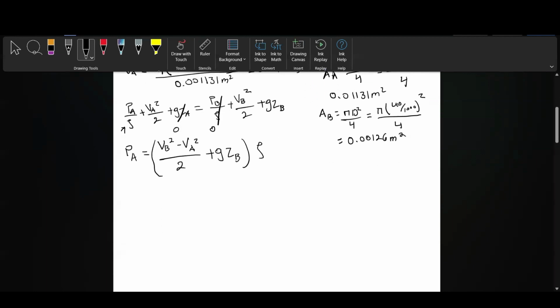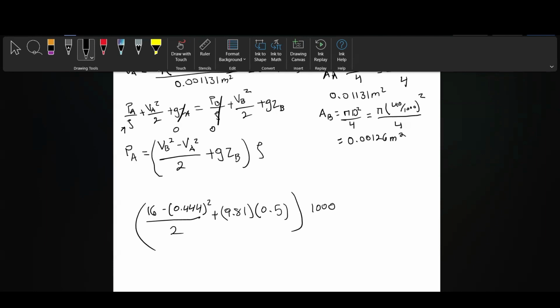If you plug in your numbers, VB was 4, so 4 squared is 16, minus 0.444 squared, over 2, plus G, which is 9.81, times Z, which was 0.5. And rho is 1,000.